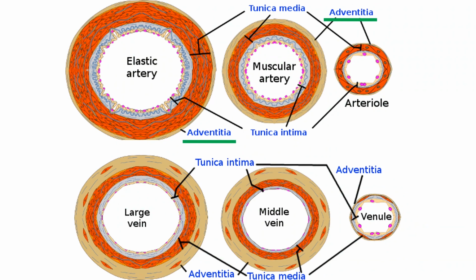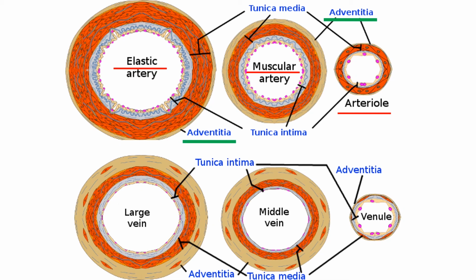This is a diagram of two sets of the vascular system. The upper one, which we are concerned with, is concerning the arteries, and we have the elastic arteries made of three layers, the tunica adventitia, and then tunica media, and on the inside is tunica intima.